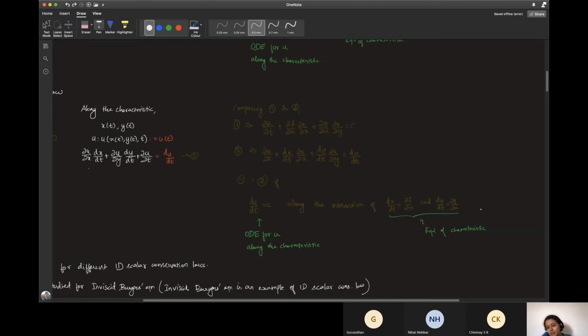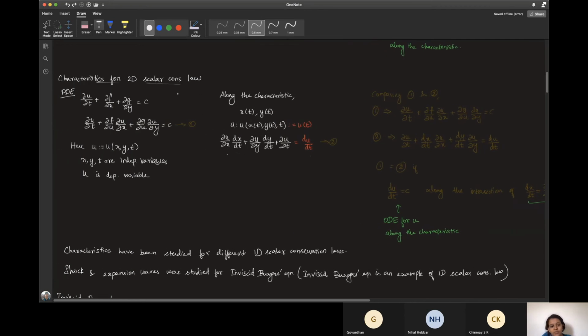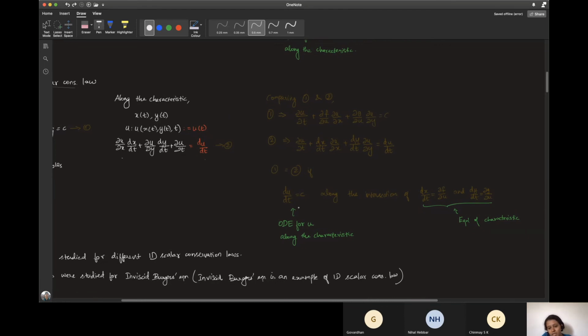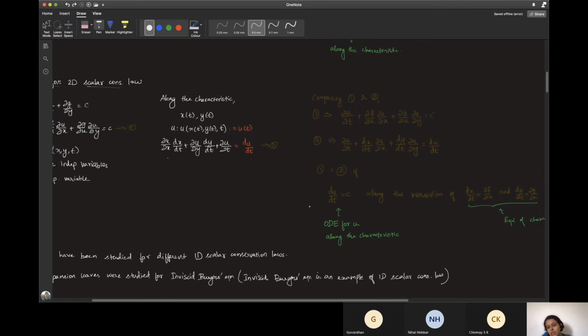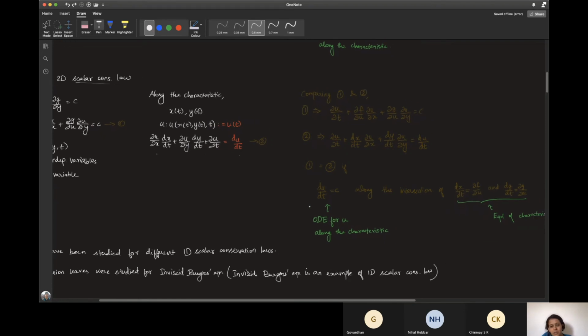With these two equations you can find the equation of the characteristics, and this becomes your ODE along the characteristic, that is du by dt equals c. So the big PDE which you had before has now been reduced into an ODE along the characteristic. With the help of this you can solve your system of equations.